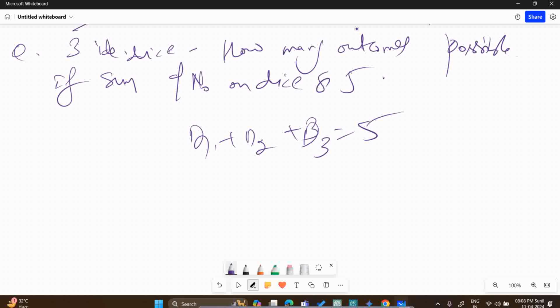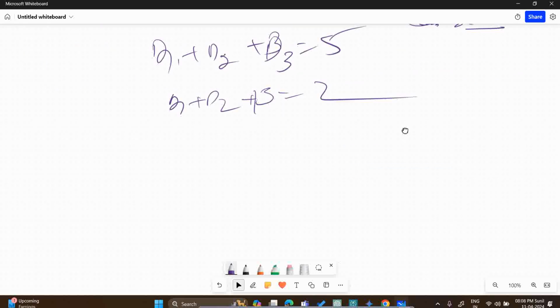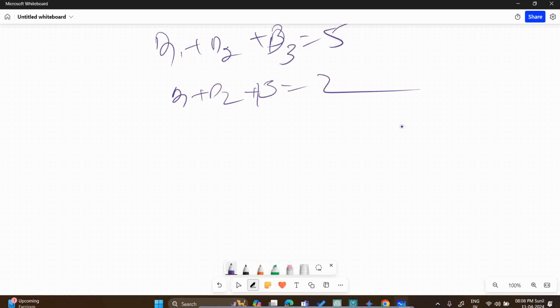The outcome of each die is greater than or equal to 1, so it can't be 0. Subtracting the lower constraint, d1 plus d2 plus d3 equals 2, so the answer is 4C2, which is equal to 6.